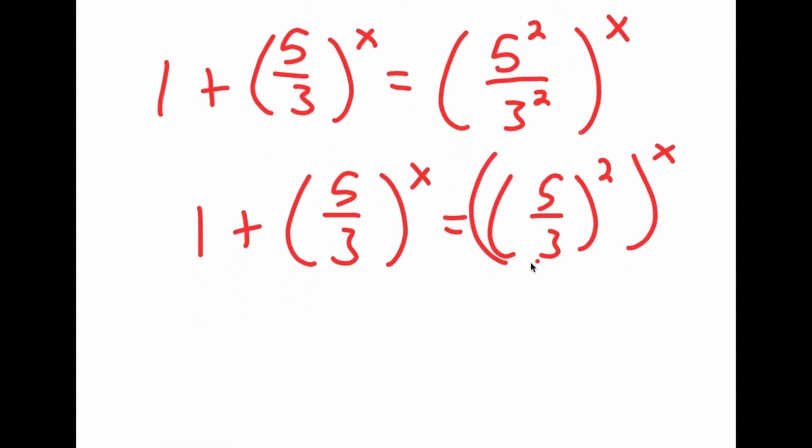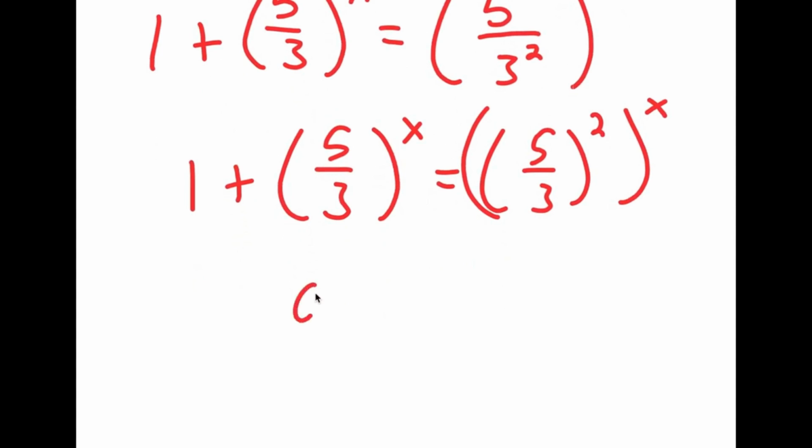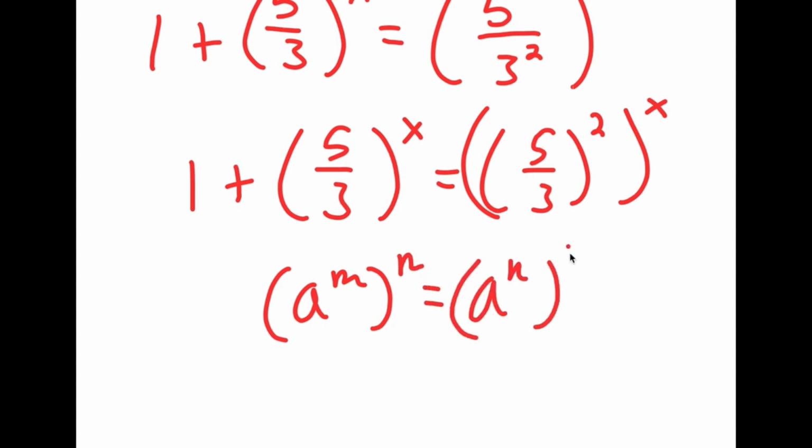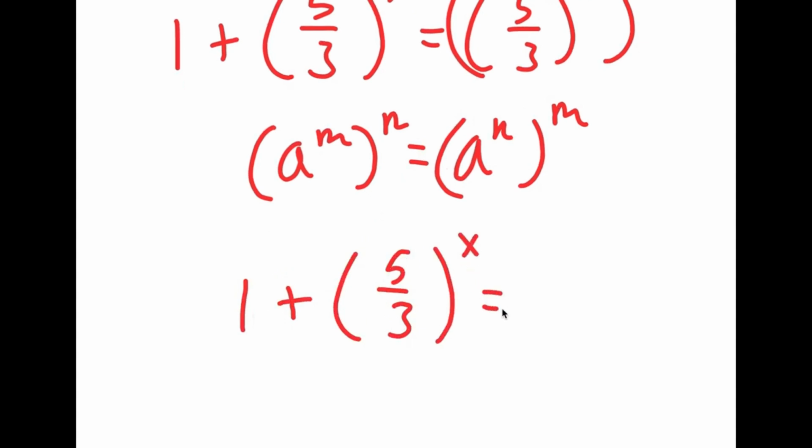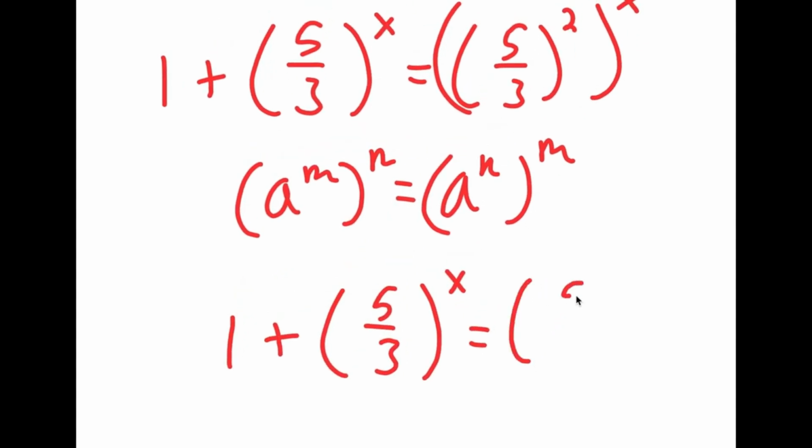Now I have this to the power of x. Now if I have something in the form a to the power of m to the power of n, same thing as a to the power of n to the power of m. So 5 over 3 squared to the power of x, that's the same thing as 5 over 3 to the power of x squared.